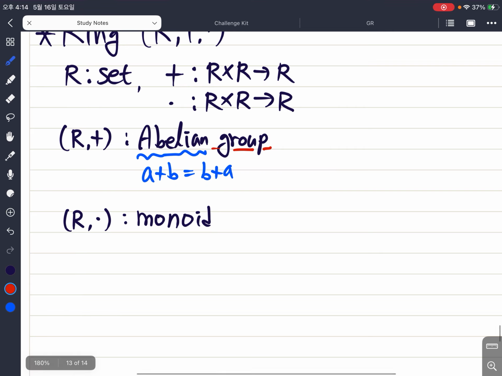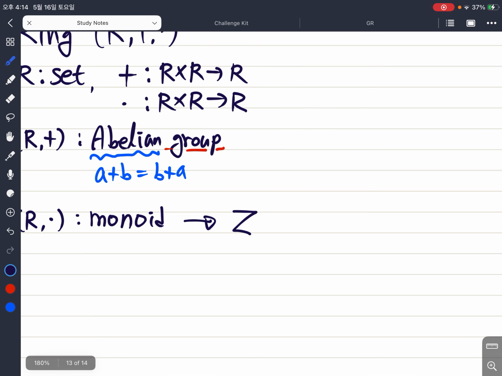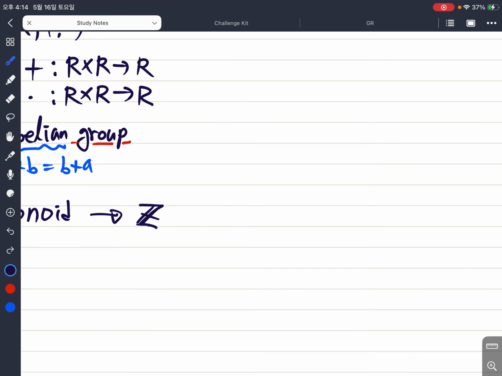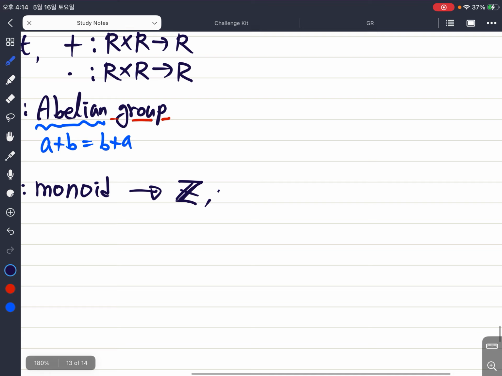There is a very simple example of a monoid. For example, let us say the integers, with some notation for integers, and the operation is just number multiplication.